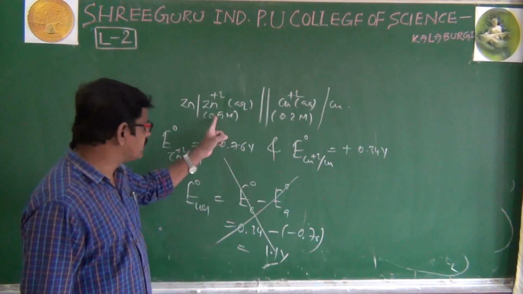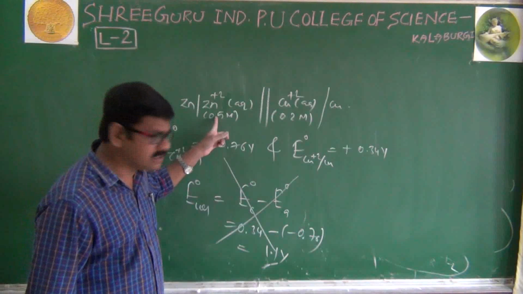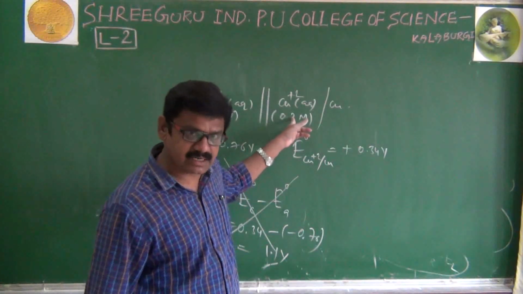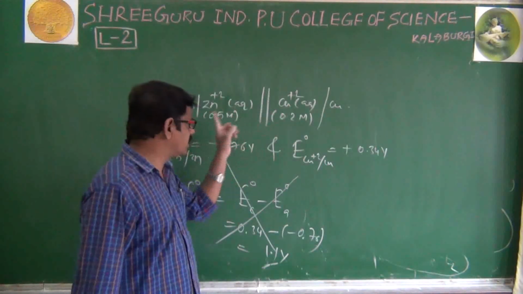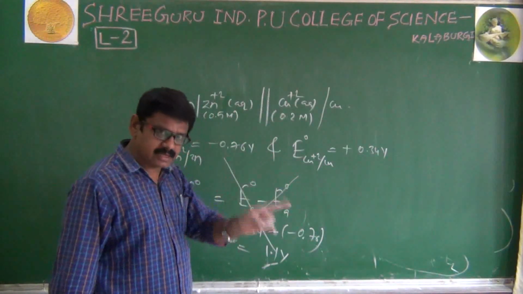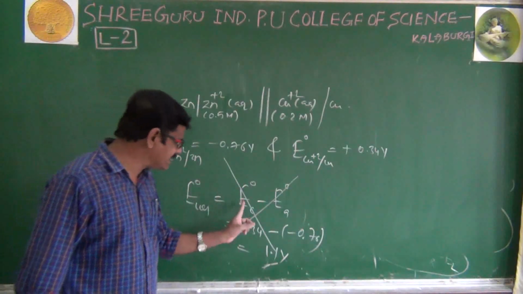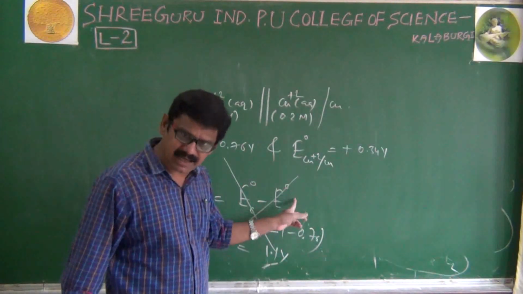But here 1 molar concentration is not maintained. It is very important: if 1 molar concentration is given, then for the cell potential we directly write E naught cathode minus E naught anode.